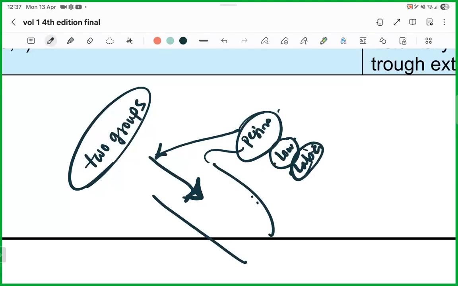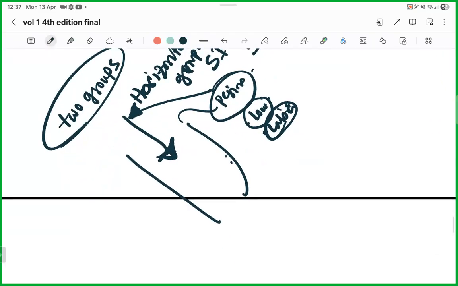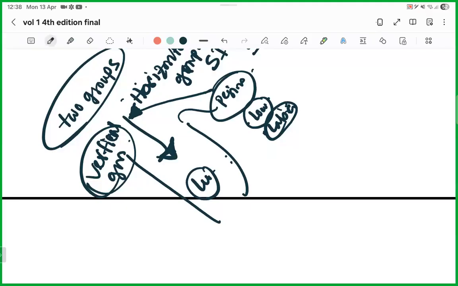These drain into the horizontal group of superficial inguinal lymph nodes. See this arrow, horizontal group. And the lower limb drains into the vertical group. Just remember these two pieces of information.